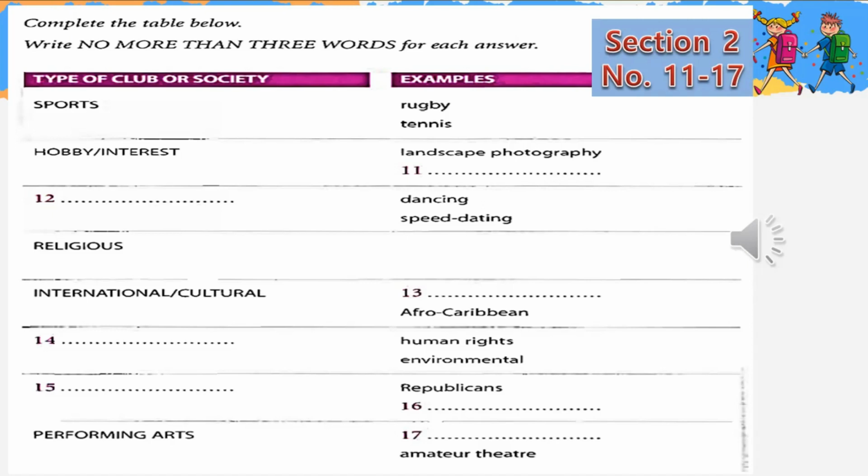So, first, and perhaps most obviously, we have the sports clubs, which in some cases field teams in things like rugby and tennis that compete against clubs in other parts of the country, or even abroad. You don't have to play at this level to have fun, though. They can be just a great way to do some exercise, and of course to get to know other people, especially if you're new in town. The same can be said of the many hobby and interest clubs that have sprung up here.